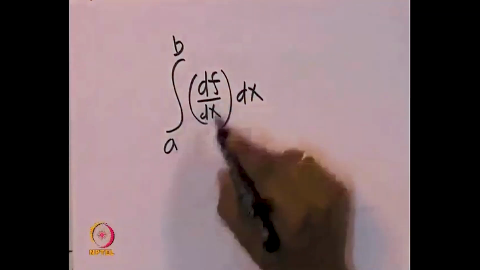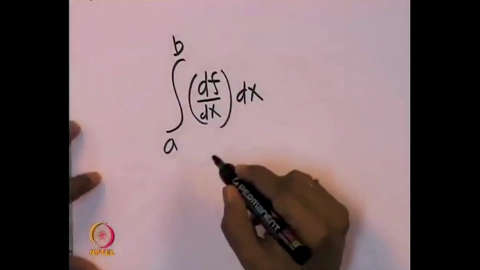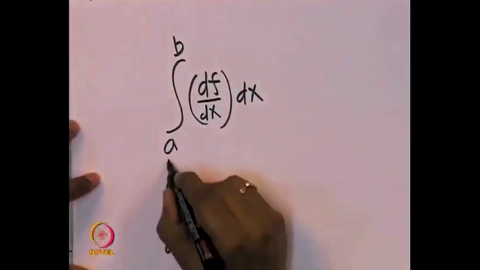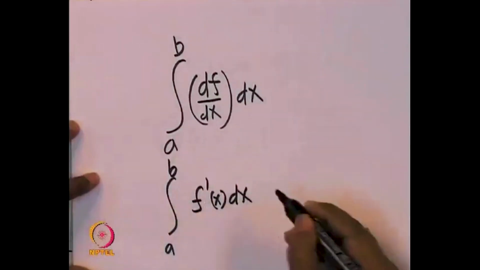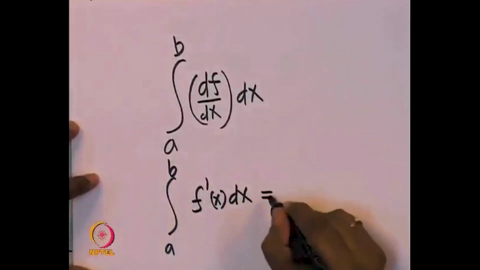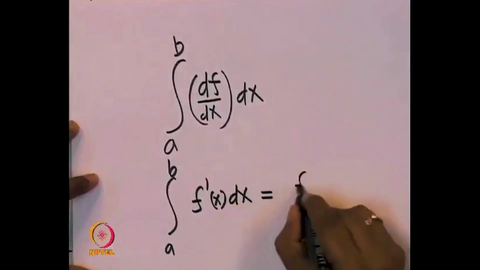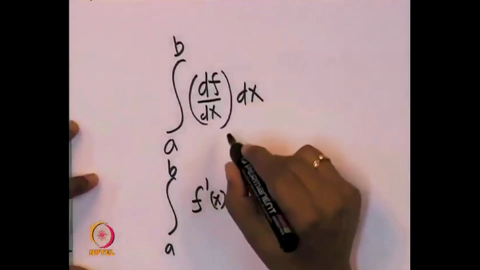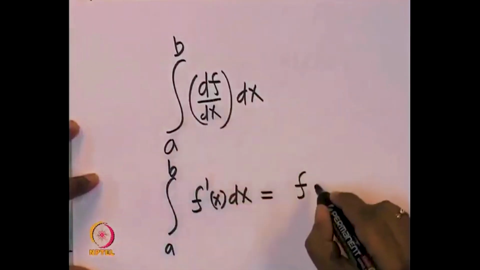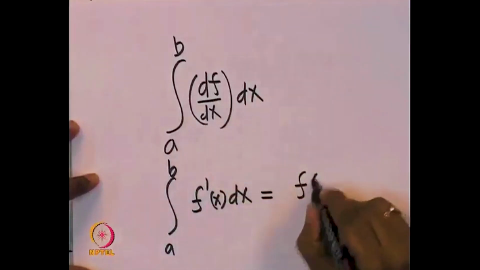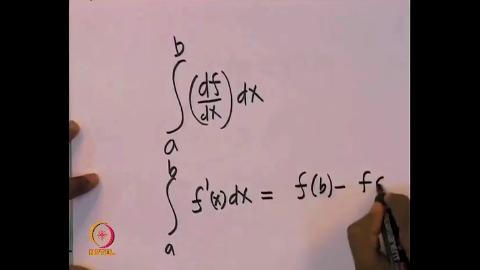So your function is f prime, and we have the integral from a to b of f prime of x dx. The answer is f of b minus f of a.